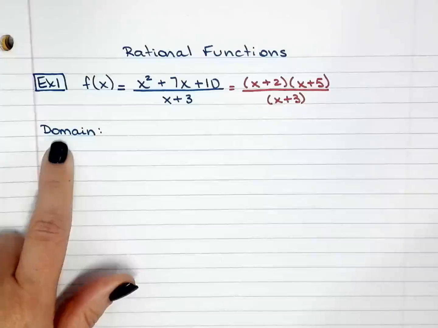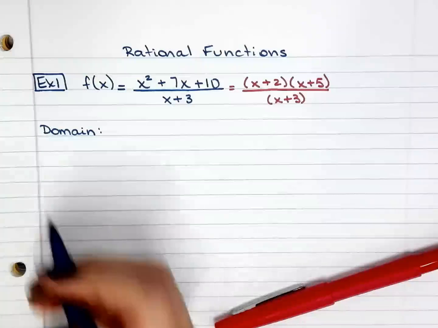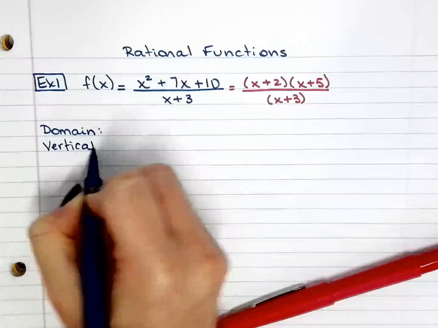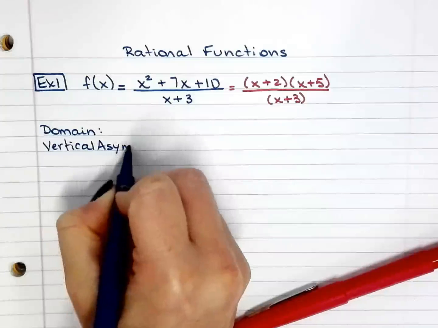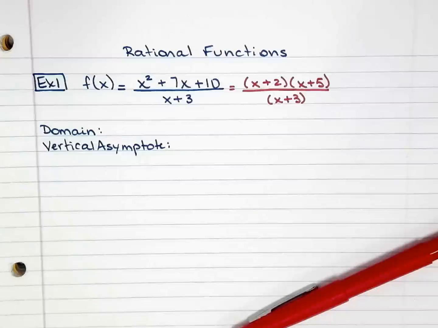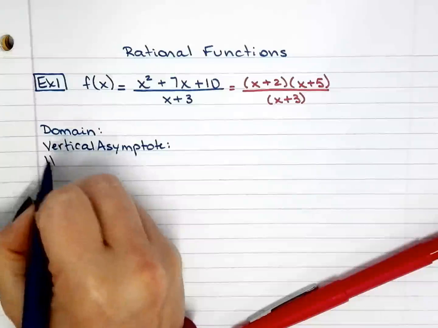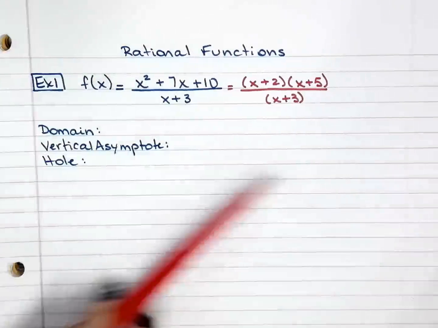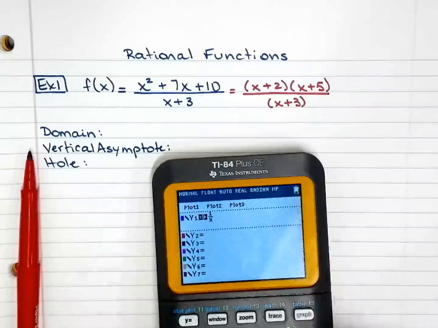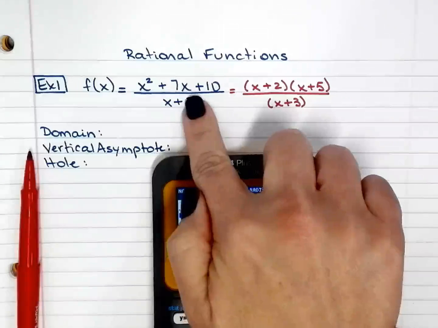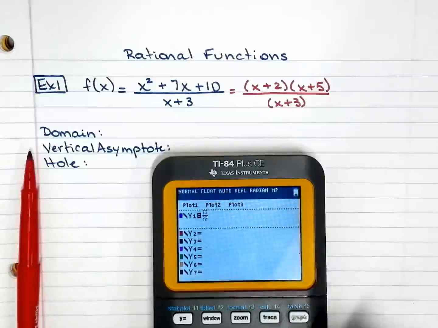So before we find the domain, I will find the vertical asymptote first, and then we're going to find how they relate. Next, we're going to find the hole in the graph. I will go ahead and plug the function in. It doesn't matter if you put this one in or that one, it's the same thing.